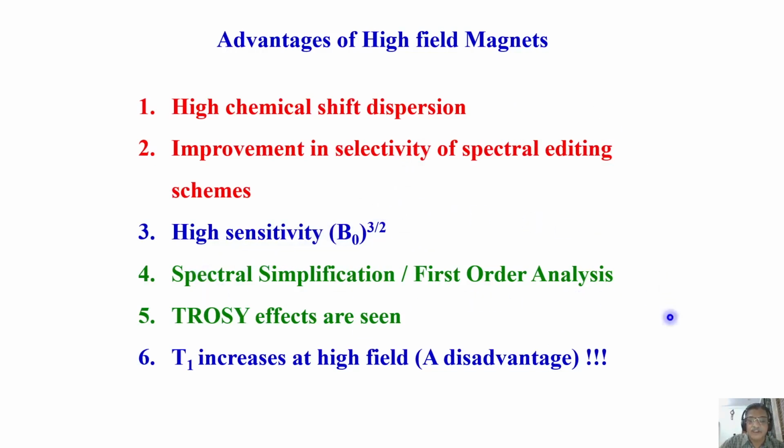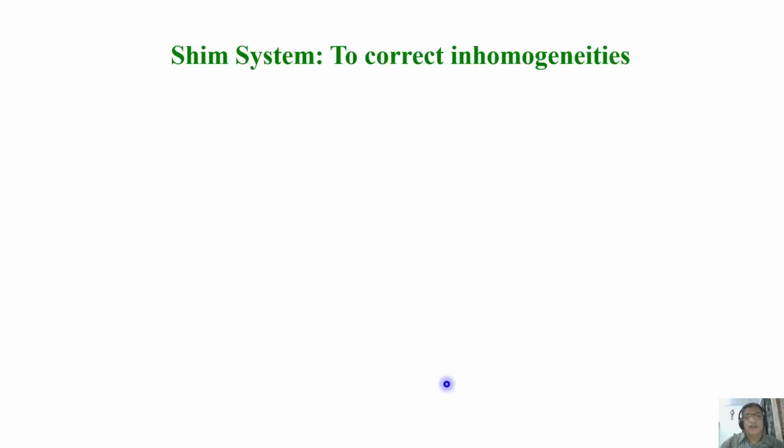We can get first order analysis. Like I said, second order coupling, if it is strongly coupled spins, can become weakly coupled, and first order analysis is feasible at very high magnetic field. We can see Trosy effects, which I did not discuss, don't worry about it. T1 increases at high field, a small disadvantage, doesn't matter. We can study T1 also.